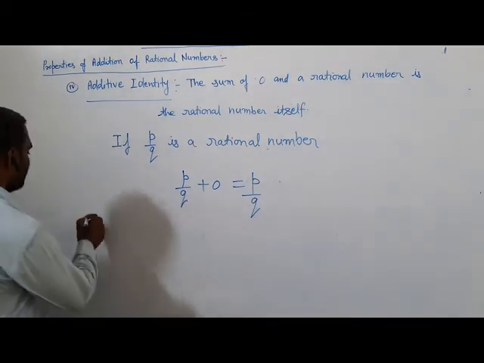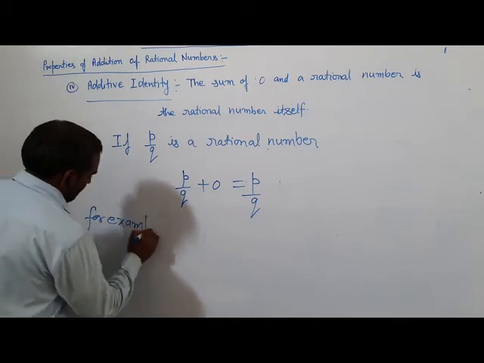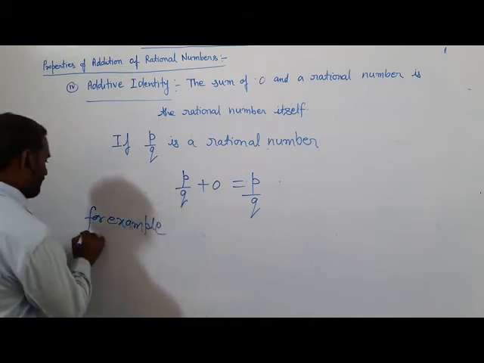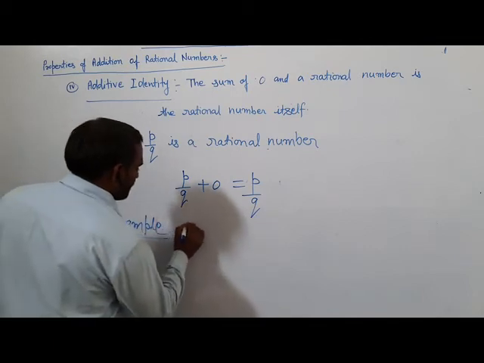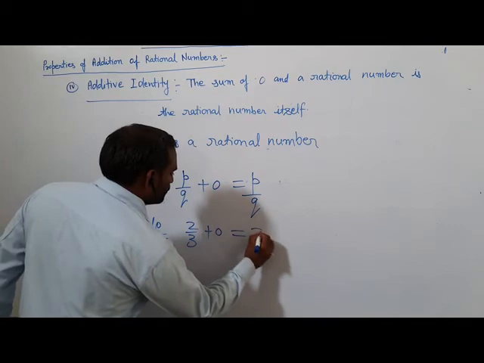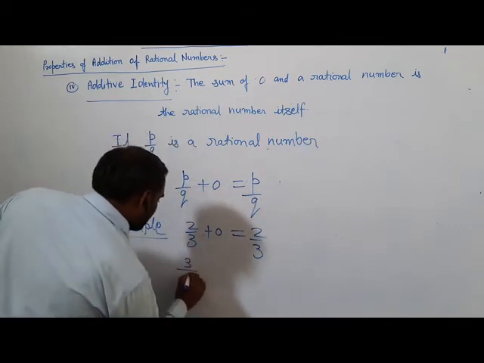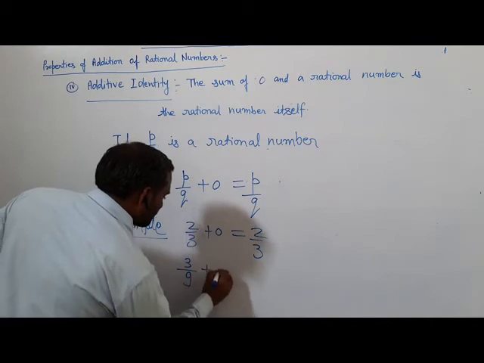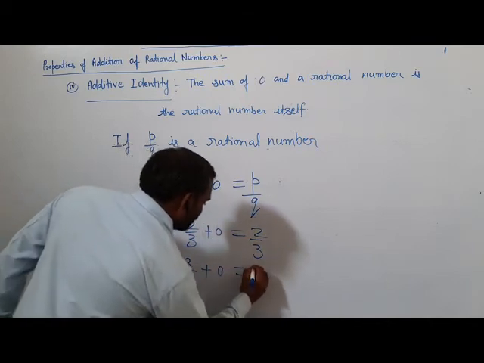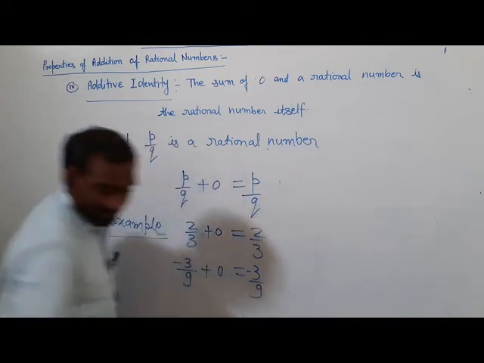For example, 2 by 3 plus 0 is equal to 2 by 3. Minus 3 by 9 plus 0 is equal to minus 3 by 9.